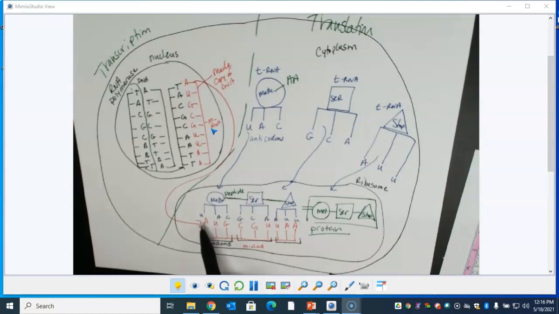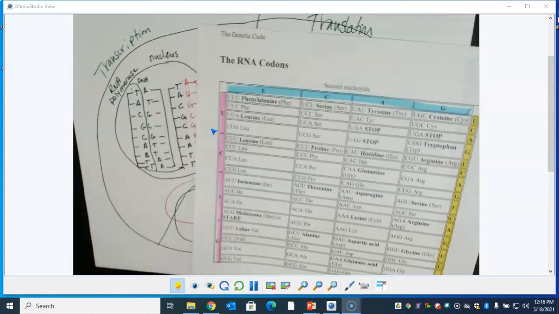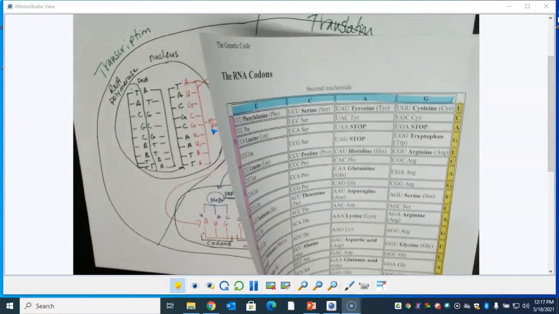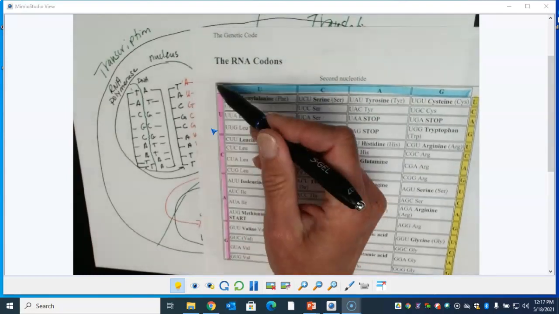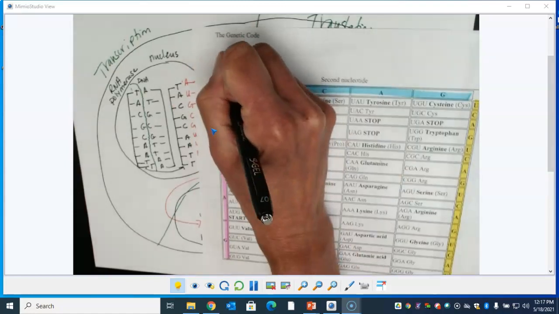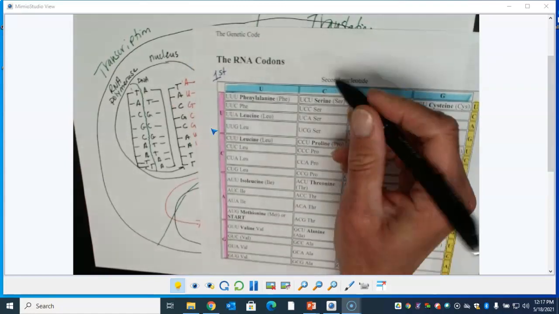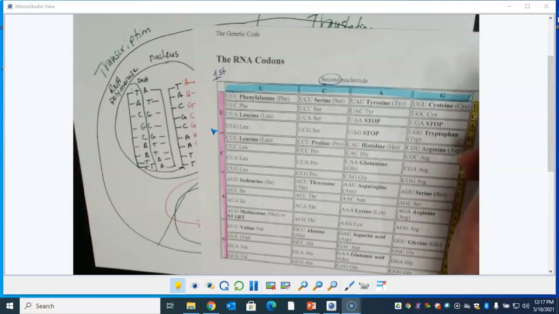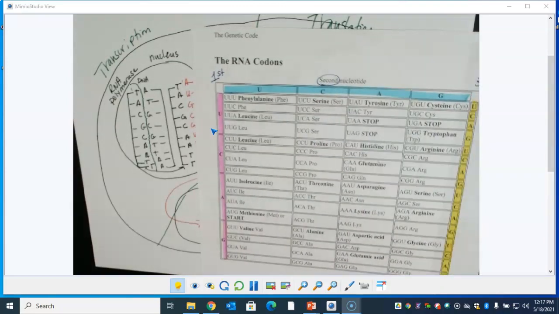So I'm going to start with the AUG. I'm going to go to my universal genetic code, and this column right here is the first letter. Right here is going to be your second letter, and this is going to be your third letter.